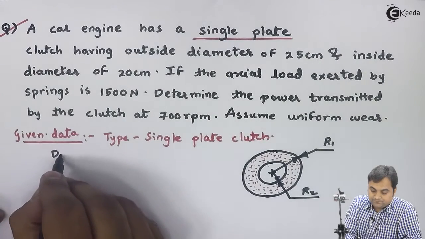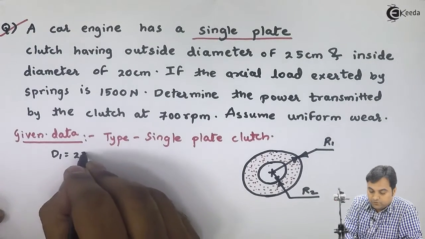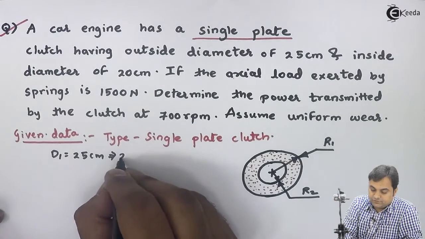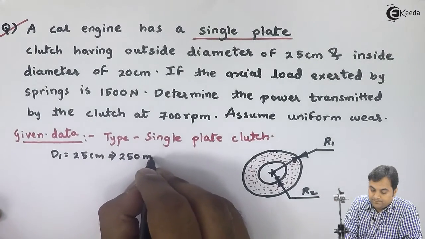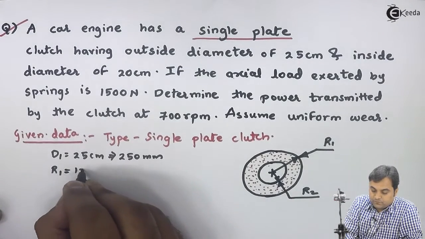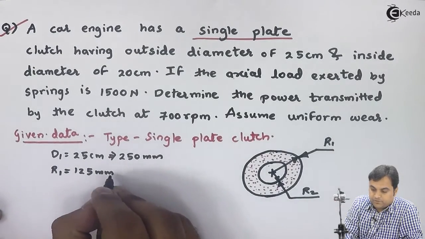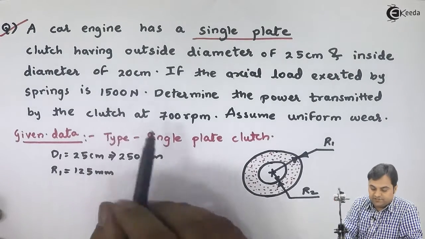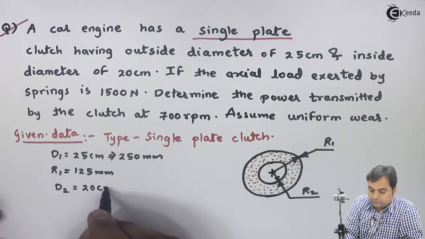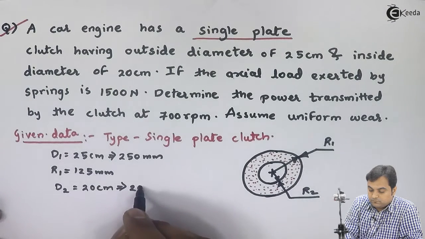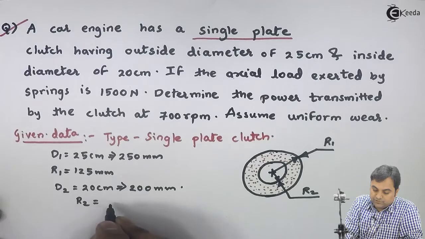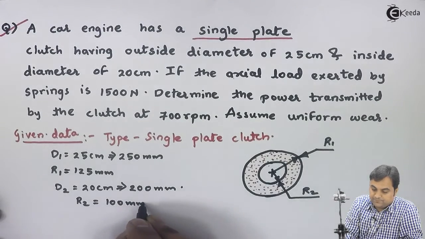So D1 is equal to 25 centimeter, that is 250 mm. R1 will be half of this, 125 mm. Inside diameter is 20 centimeter, so D2 is 200 mm. R2 comes out to be half of this, that is 100 mm.